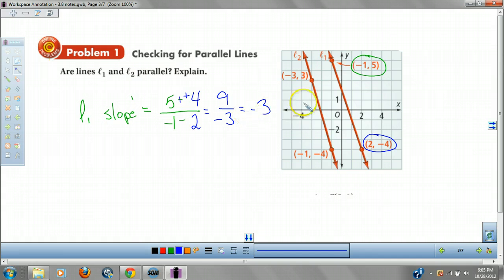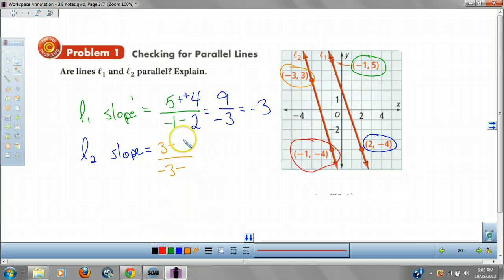Okay. Now let's find the L2 slope. So I have the point negative 3, 3. So I'm going to go 3 minus, over negative 3 minus, again y over x. And I have the point negative 1, negative 4.